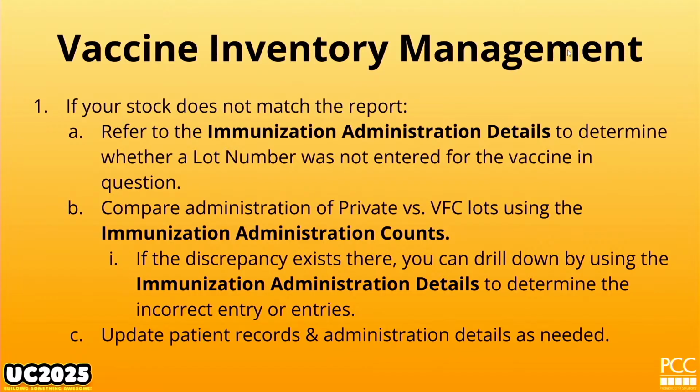So it helps you determine if you maybe missed a lot number, if you're not using inventory scanning. Sometimes a lot number may not have been entered, and you can catch that with that report. Immunization admin counts will show a count of immunizations for private versus VFC lots. And that details report is really good to dive into if you find some discrepancies.